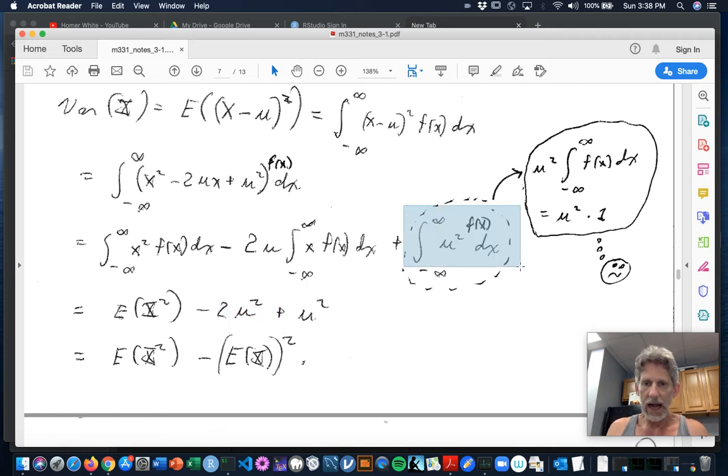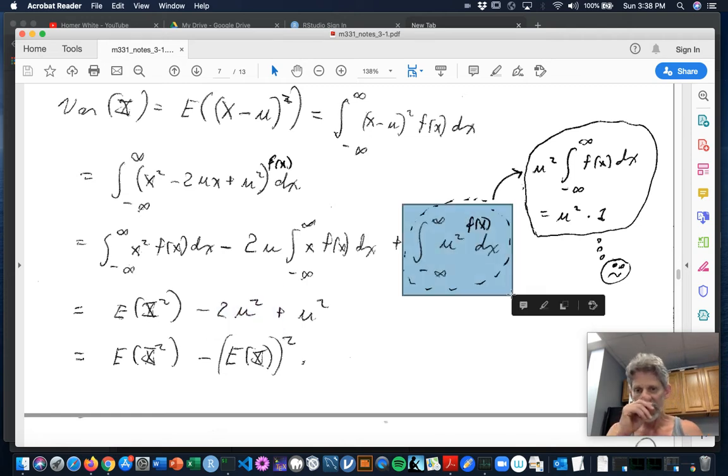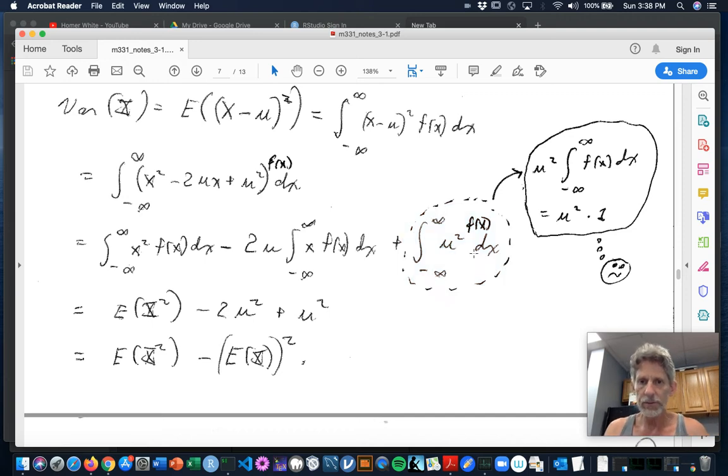Now, how about this guy, the integral from minus infinity to infinity of f of x dx? Well, I could follow this little arrow here. I could factor out the mu squared and just focus in on that integral. So that's the total area underneath the f density curve. Now, areas under curves give chances for the random variable.